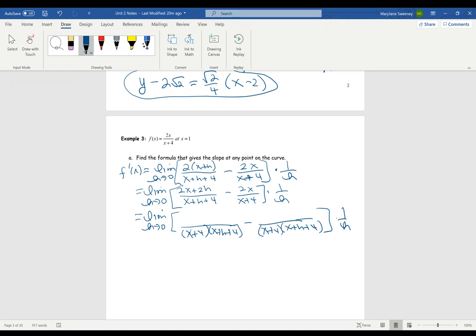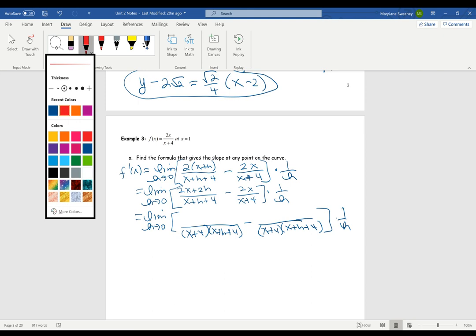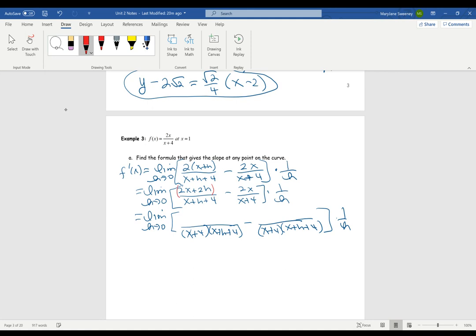The first fraction already had a denominator of x plus h plus 4, so it needs the x plus 4. And the second fraction had the x plus 4, so it needs the x plus h plus 4. So for the first one, I FOIL: 2x squared plus 8x plus 2xh plus 8h. Here, 2x squared plus 2xh plus 8x.